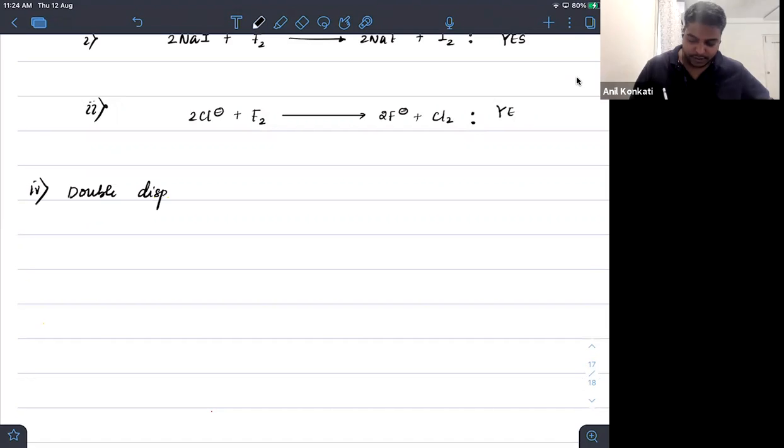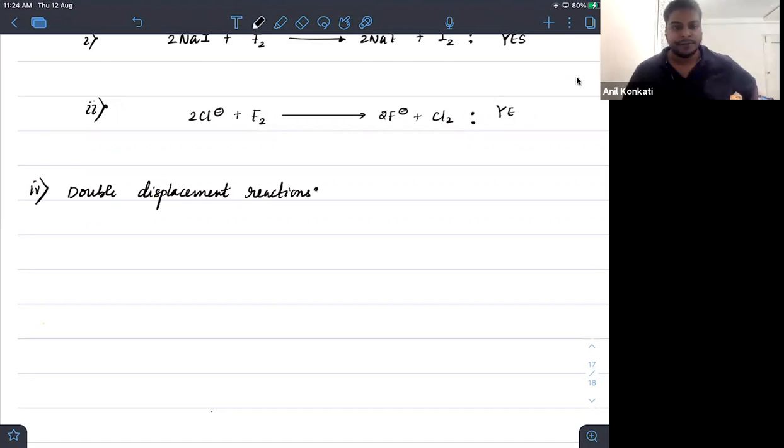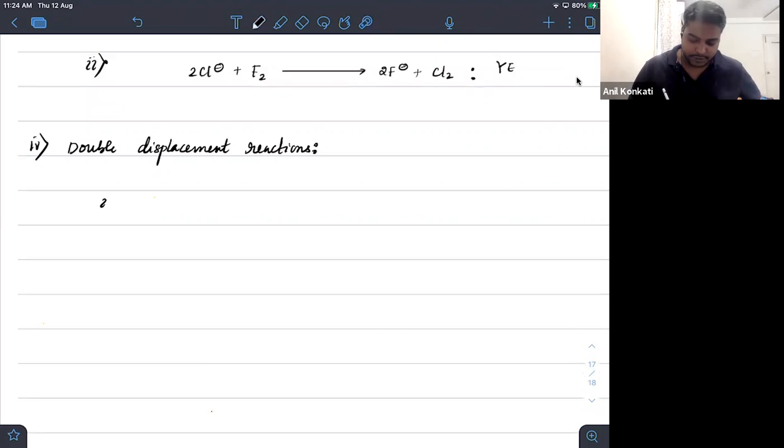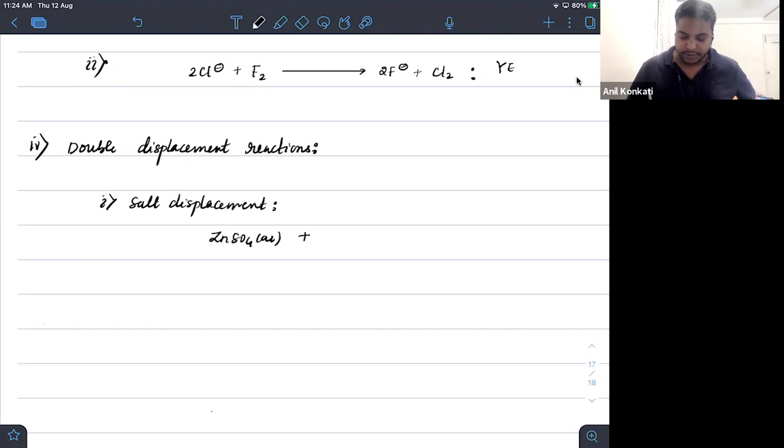Double displacement reactions. Okay. So first is a simple salt displacement. For instance, if I take ZnSO4 aqueous and you're treating with copper nitrate, Cu(NO3)2.